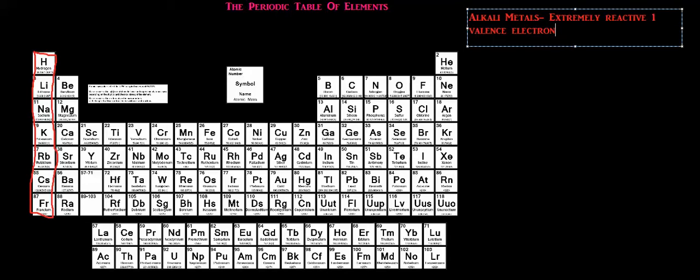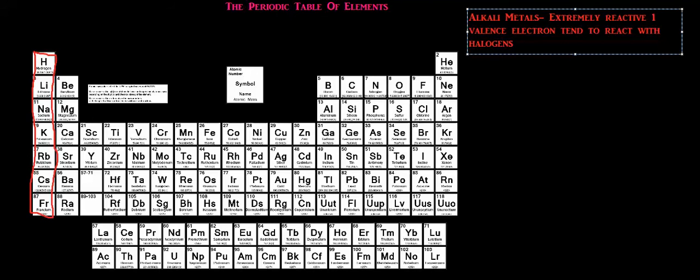So alkali metals tend to react with halogens, which have 7 valence electrons, so they could meet with a covalent bond and have 8 valence electrons and fulfill the octet rule. So they tend to react with halogens.